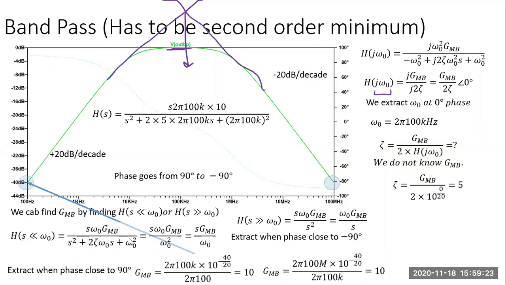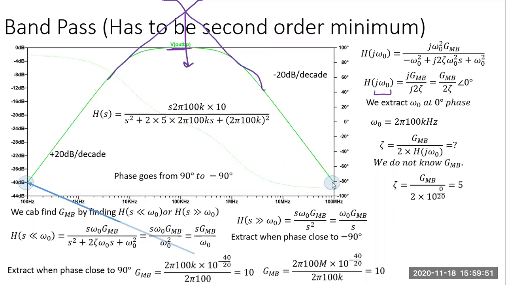And what happens is that if either of those cases happens and you work through the math, at minus 90 out here, or no, when S is much, much greater than omega naught, you're at minus 90, right?